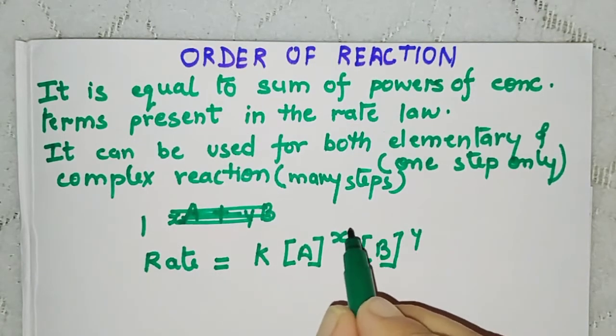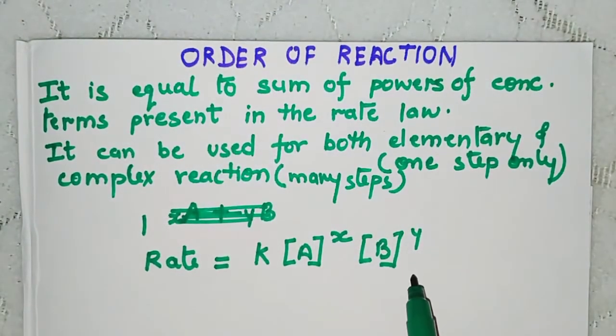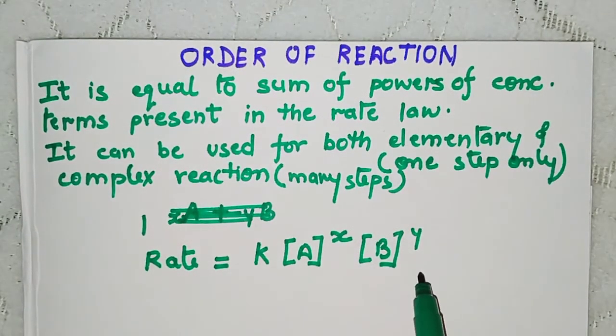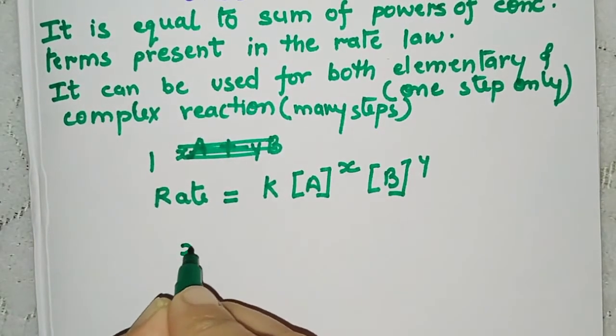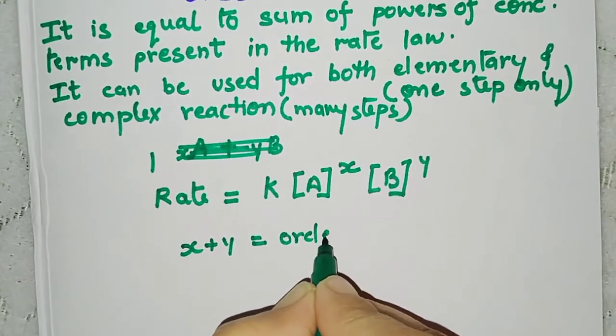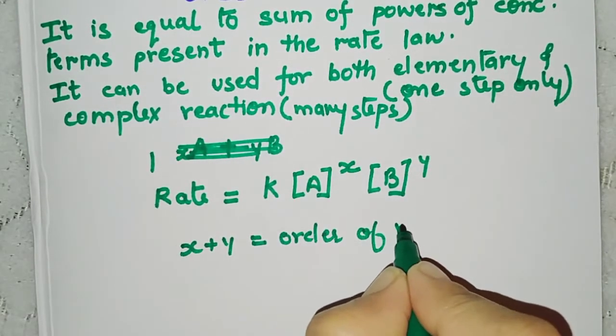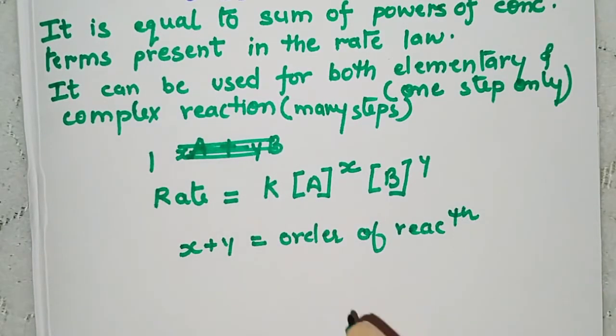On adding these two, x plus y, we will get the order of this reaction, and this is your rate law. x plus y is your order of reaction here.